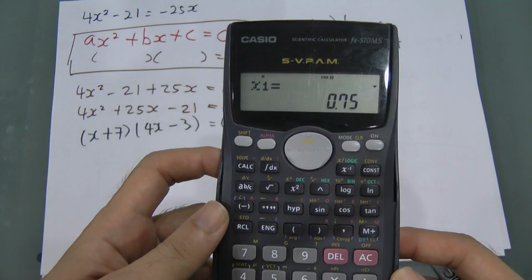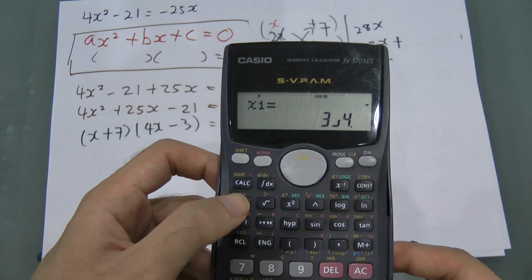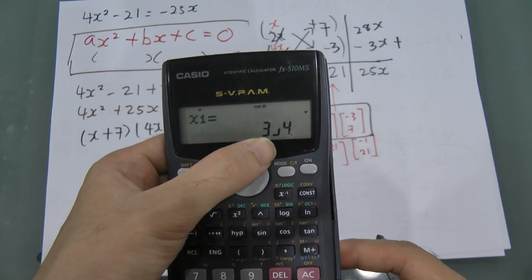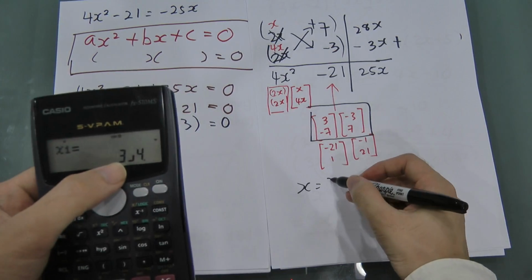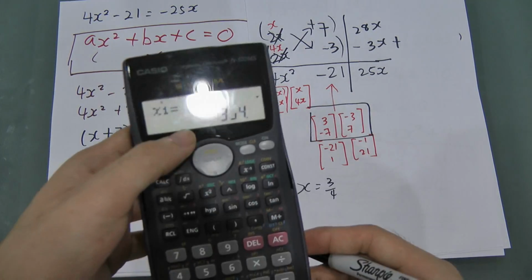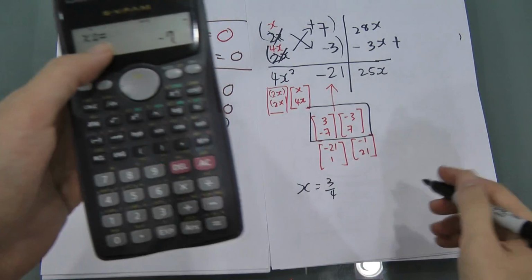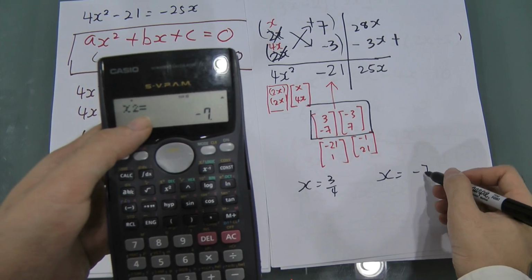Then you will get 2 answers. The first answer, maybe you write in fraction form, is x equal to 3 over 4. So I write down first x will equal to 3 over 4. And then you press equal again. You press one more time equal for the second answer. x will be negative 7.